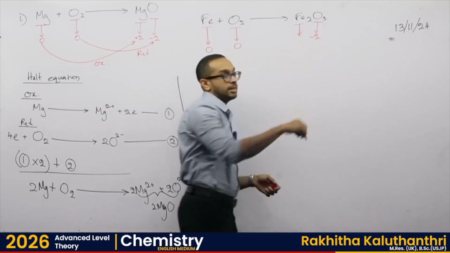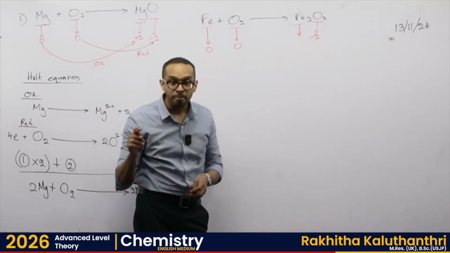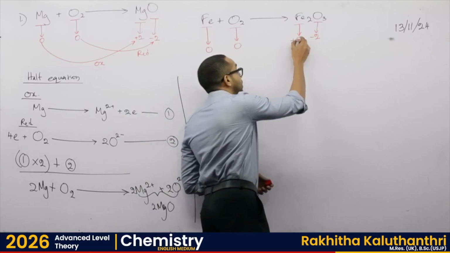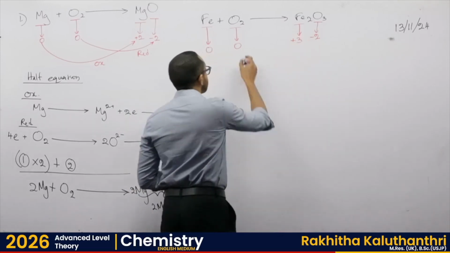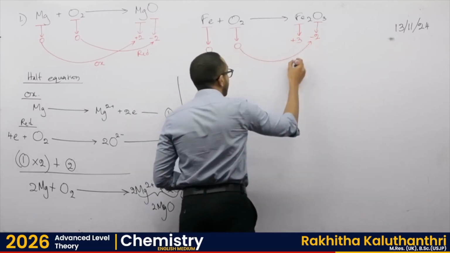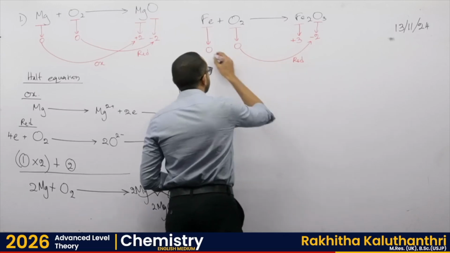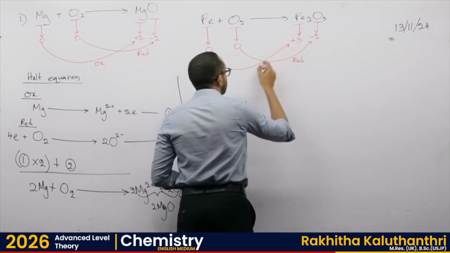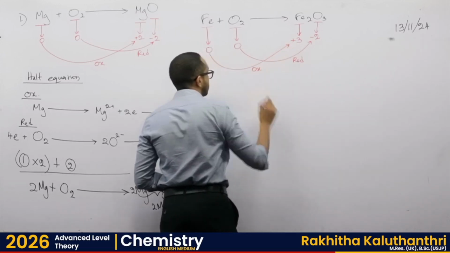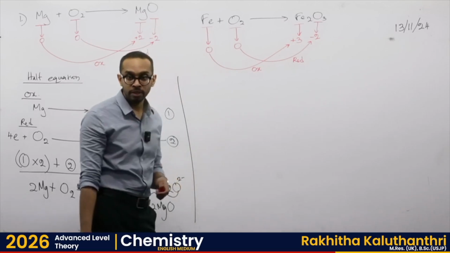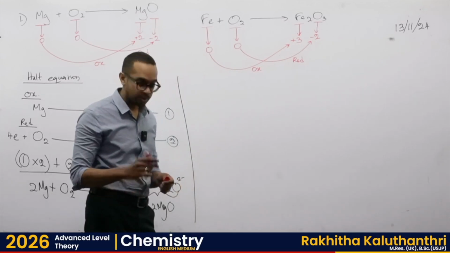What is the oxidation state here? +3. Correct. Very good. So now this is undergoing a reduction. This is undergoing an oxidation. We understood up to that point? No problem? Right.